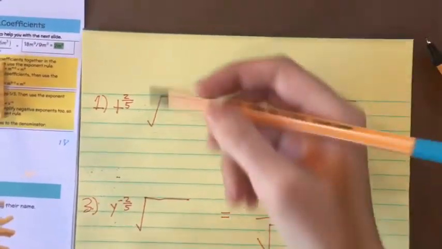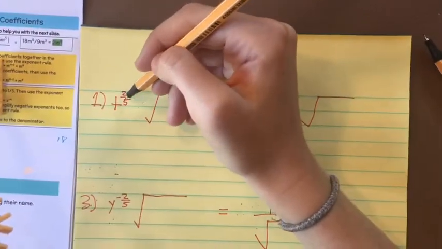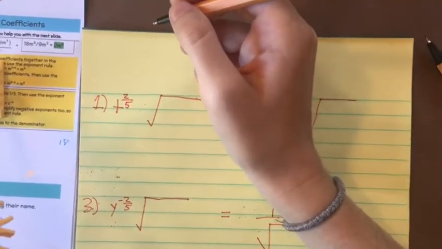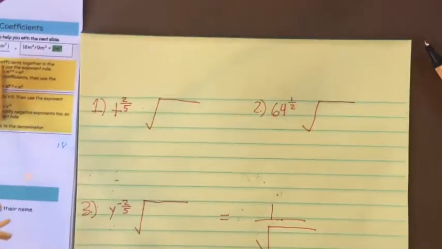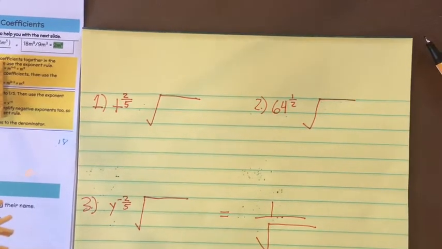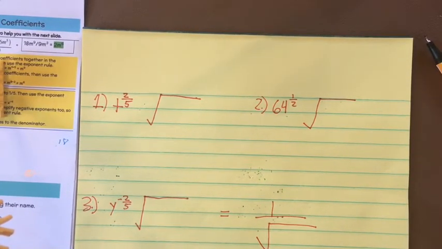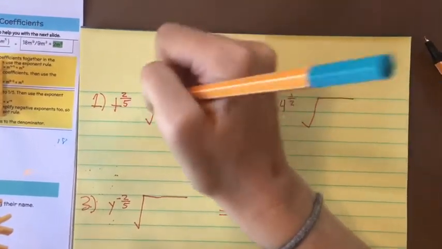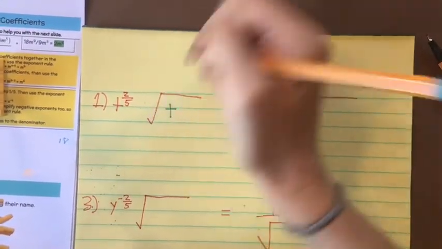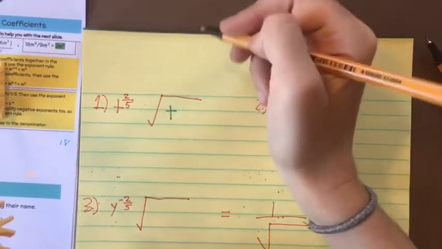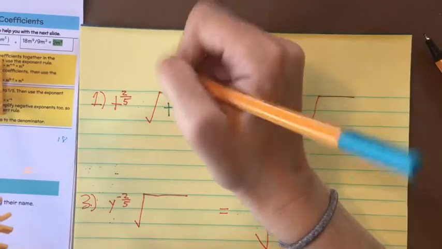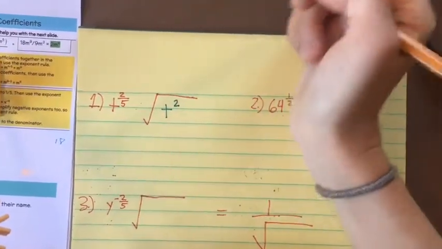So I have this t to the 2 over 5 power, so the 2/5 power. If we think back to that video, we have to say to ourselves, the number that's in the numerator is going to be what power this t is raised to. So this t is going to come inside this square root, and this number that's in the numerator is going to tag along with it, okay?